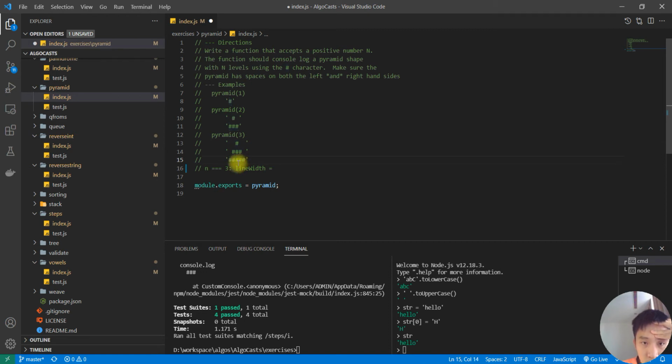So the middle one counts as 1, the left is 2 and the right is 2.